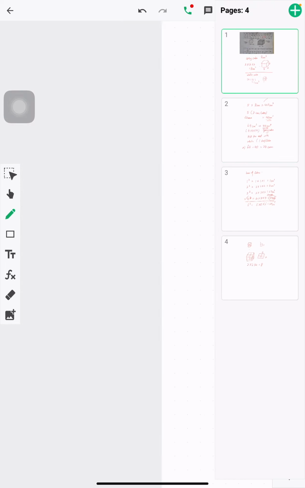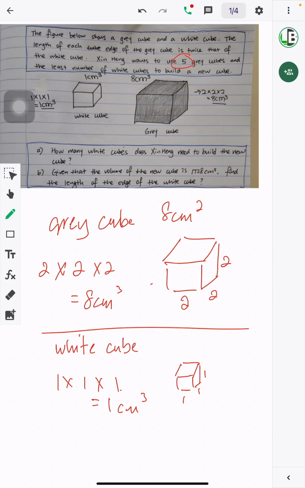Okay, then let's look at the second part of the question. The second part says that given that the new cube is 1728 cm cube, find the length of the edge of the white cube.